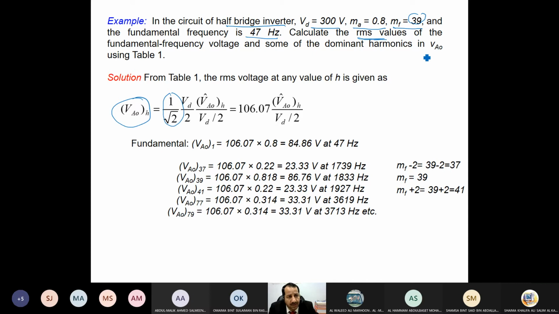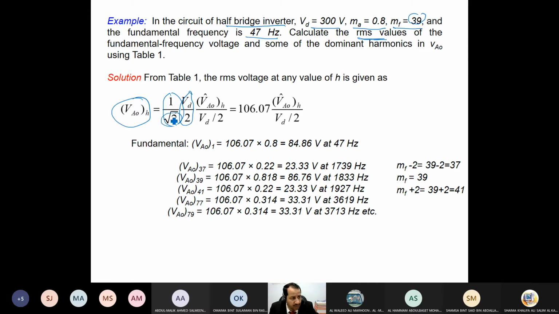Find the RMS value of the fundamental frequency voltage and some of the dominant harmonics. Usually we calculate the fundamental and some harmonics. Usually you focus on the closest, lowest order harmonics close to the fundamental. Now, since it's a half bridge, my output will be VD over 2.